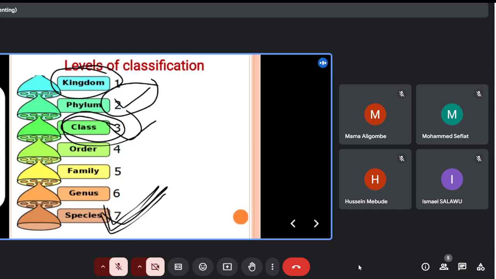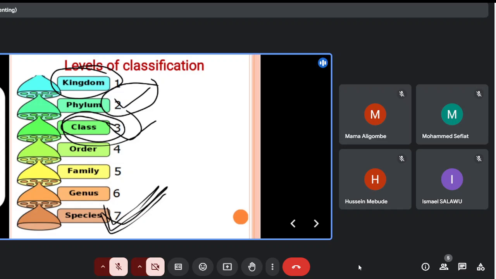The species. For organisms to be classified as the same species, Mariam and co, they must have the highest features in common. You would hardly notice any difference in them if they are in the same species.